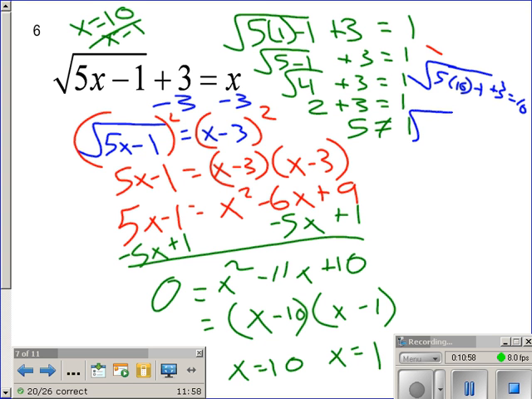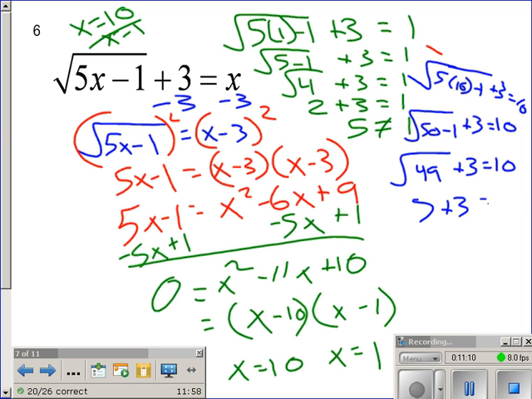So that means we're doing the square root of 50 minus 1 plus 3 equals 10. Which means square root of 49 plus 3 equals 10. And 7 plus 3 equals 10. And 10 does equal 10. So this one works. And that is your answer. And we've checked for extraneous solutions.